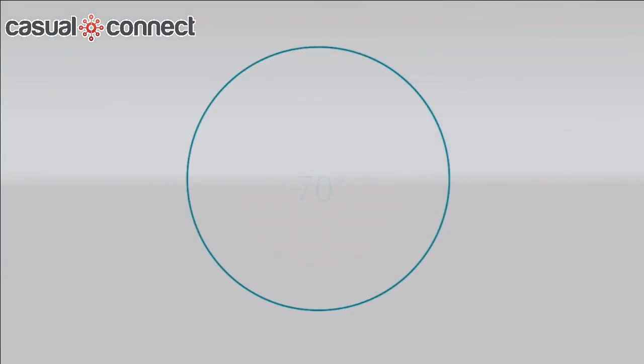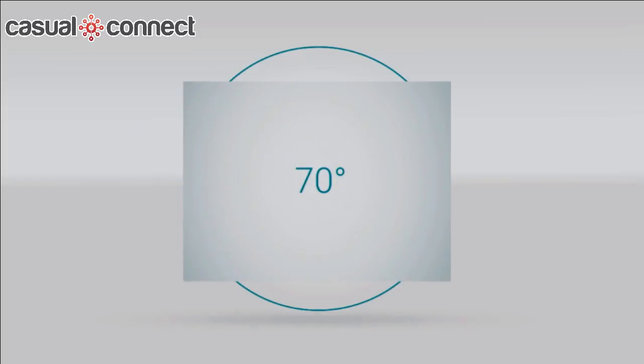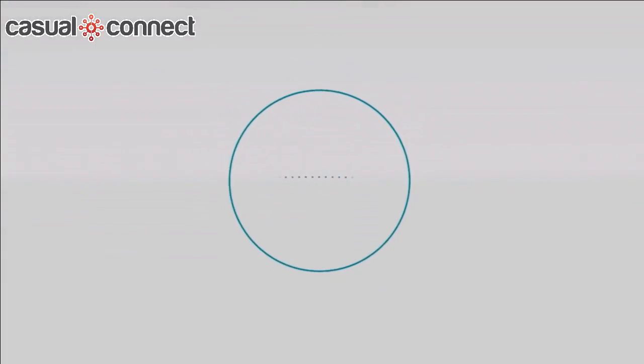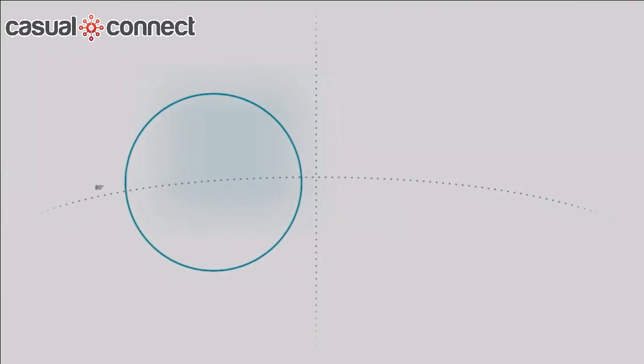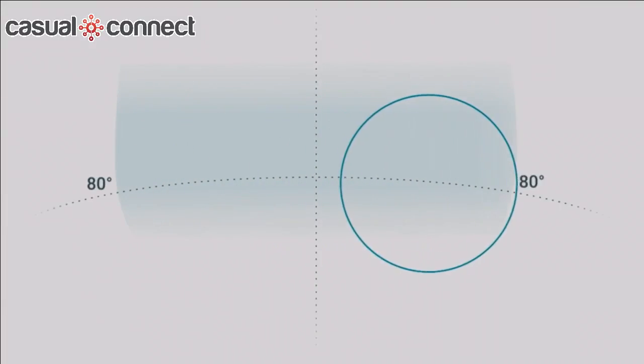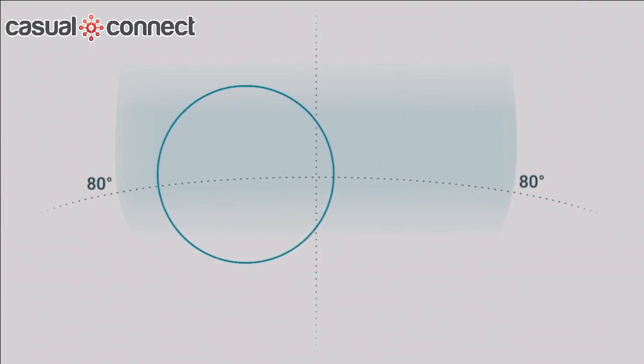As designers, we're used to thinking about having a canvas or a page size, or at least something to constrain it. So one initial thing to think of is that the user's field of view is about 70 degrees. This is about the size of an IMAX screen. And in terms of their range of motion, they can go about 80 degrees to either side with moving their neck.